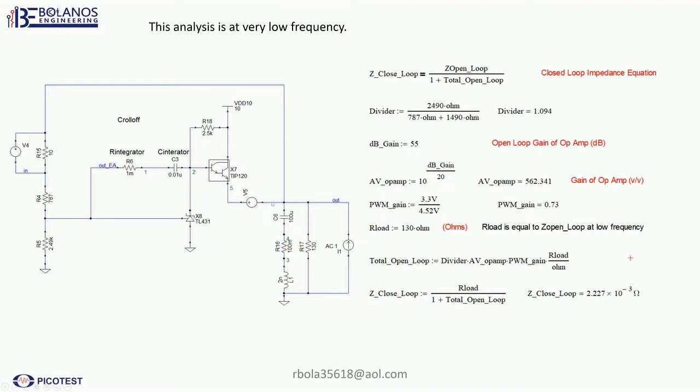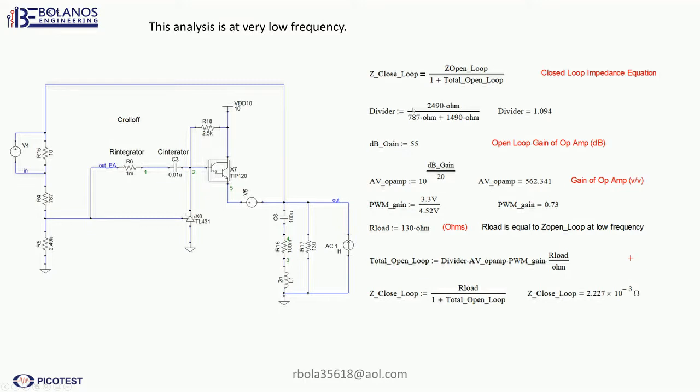So the transfer function for this one I'm going to set as 3.3, which is the output, divided by the voltage that I measured here, which is 4.52. So that is the gain of this section, and I'm going to label it as PWM. So basically, that's the loop.